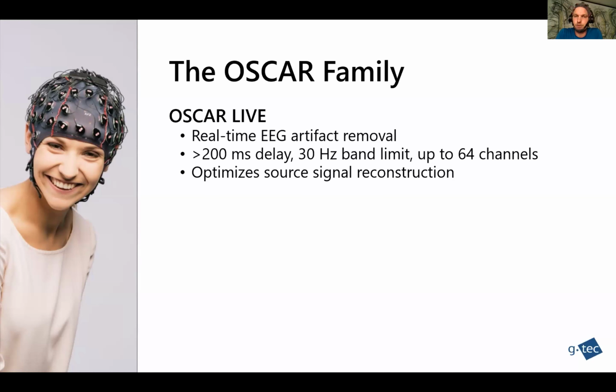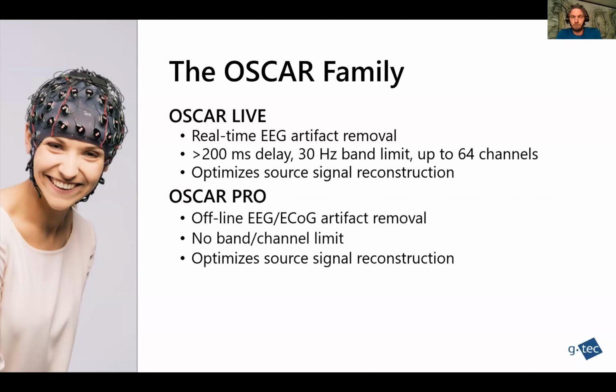So of course you can record with 2.4 kilohertz with a high amp, but anyhow the result will be band limited to standard EEG range. So the goal of OSCAR Live is to optimize the source signal reconstruction. So we are removing the artifacts, and we want to make sure that the underlying signal is revealed.